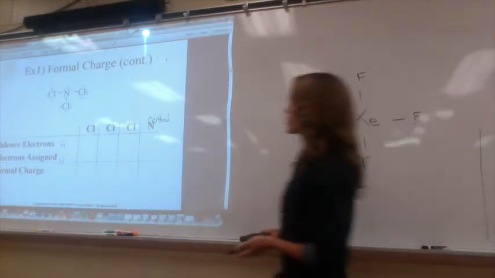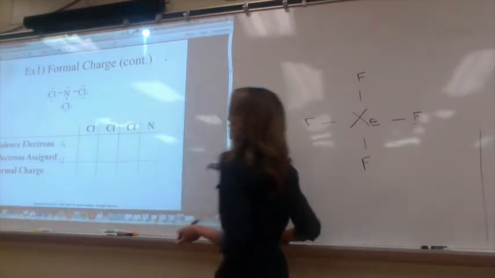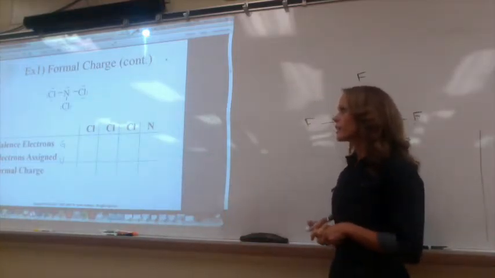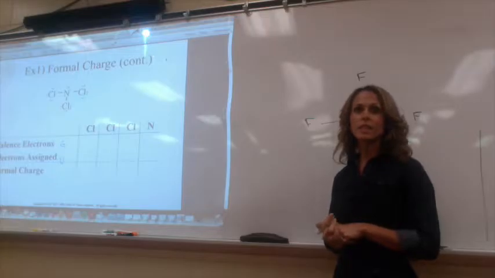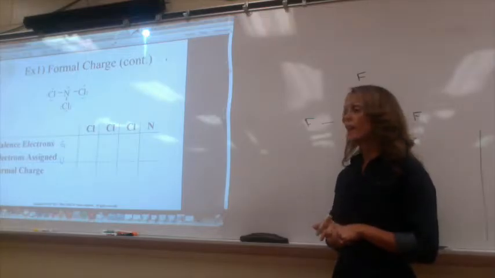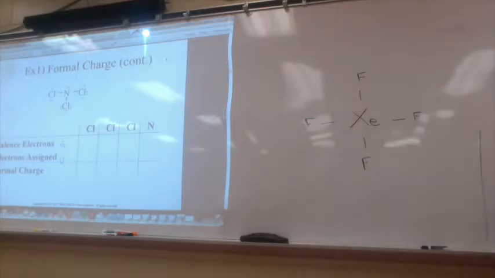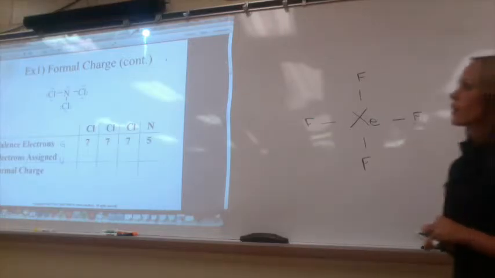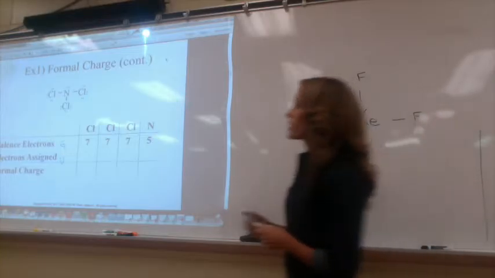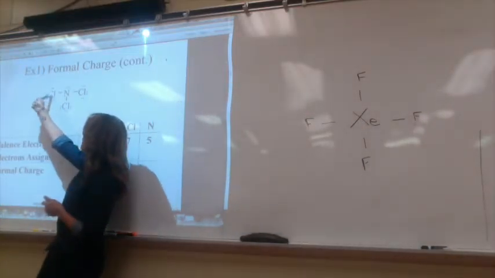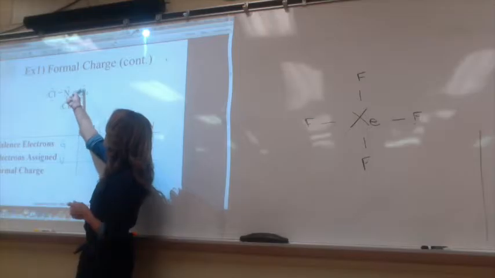When nitrogen is central, we're going to GU it. How many are given? Each chlorine has given 7, and nitrogen obviously is 5. You get those numbers from the group number on the periodic table. For the chlorines, here we have 7, 7, 7.